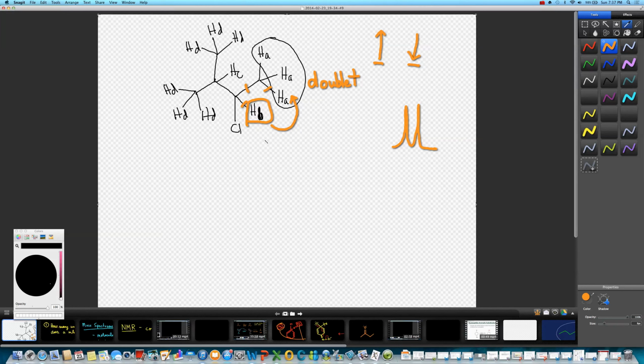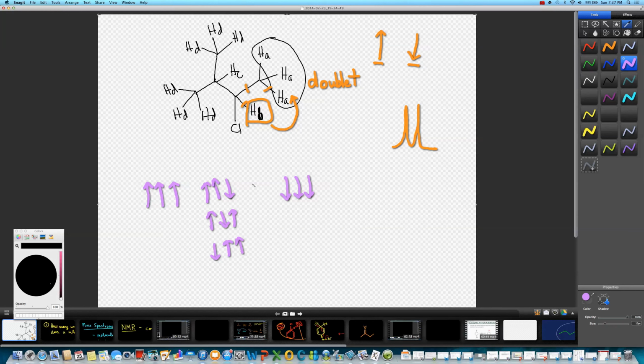If I look at HB, I've got all kinds of possibilities. First of all, I can be split by these 3 hydrogens, and if I have 3 hydrogens, I could have 3 that go with the magnetic field. I could have 3 that go against the magnetic field. I could have 2 with and 1 against. And I can actually arrange these in 3 different ways.